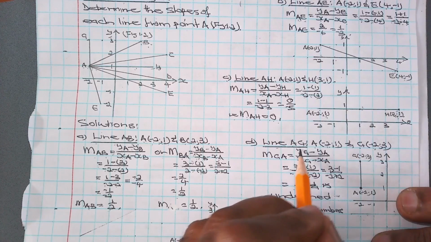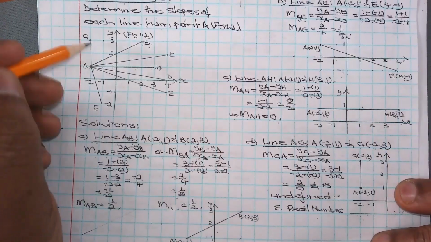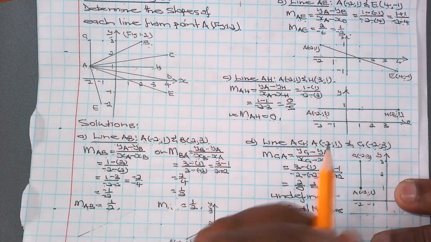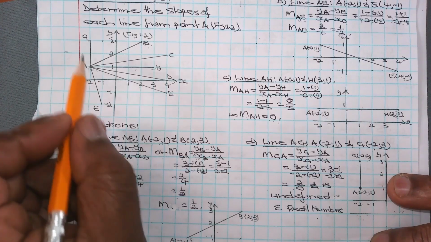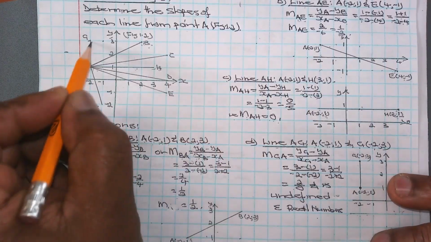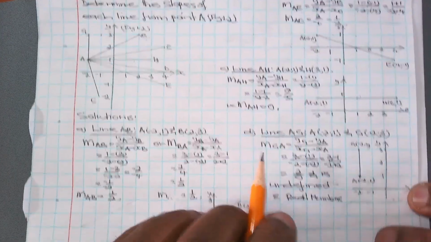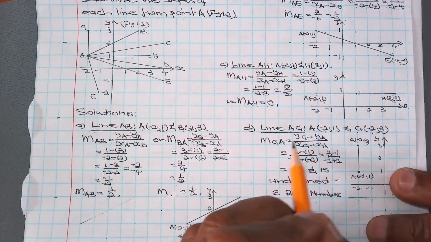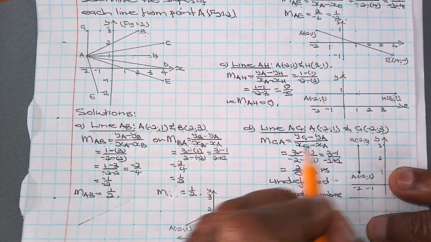Then we come to line AG. That is a vertical slope. It has to be undefined. Let's look at AG. A is the same coordinates. G is minus 2 and 3. There is negative 2 on x. There is y, 3. Then what do we say? We say MGA, that's what I'm going to choose.